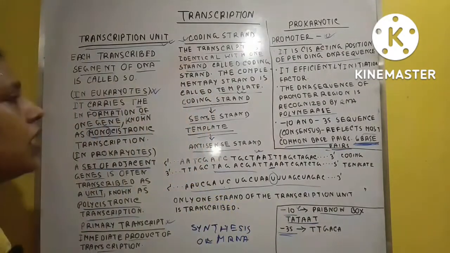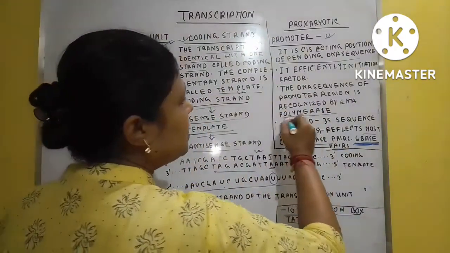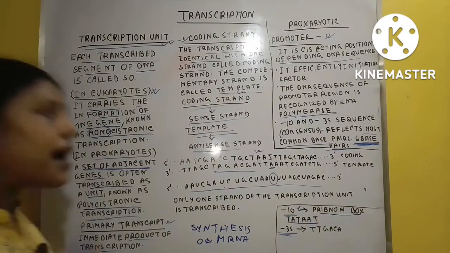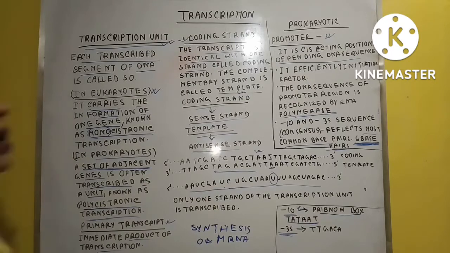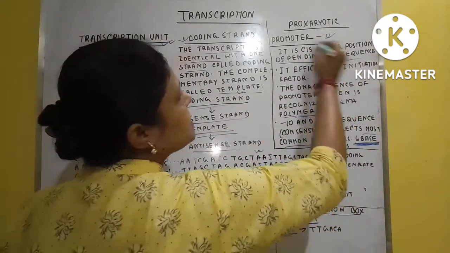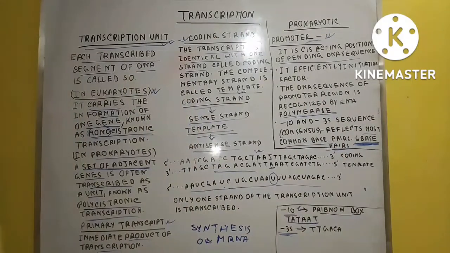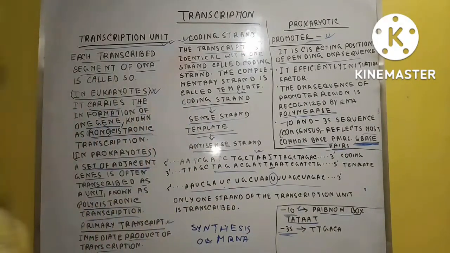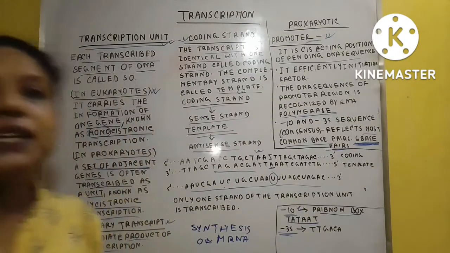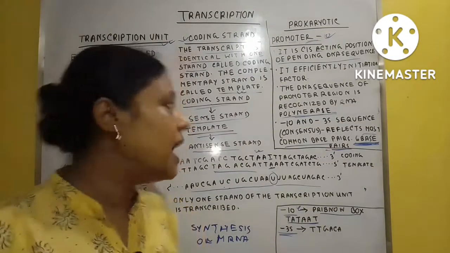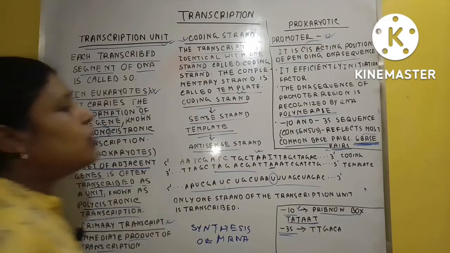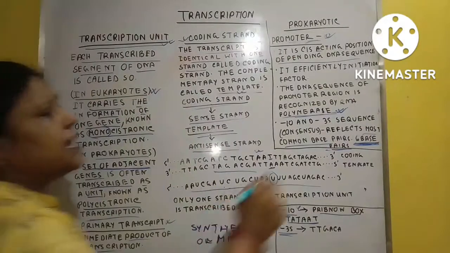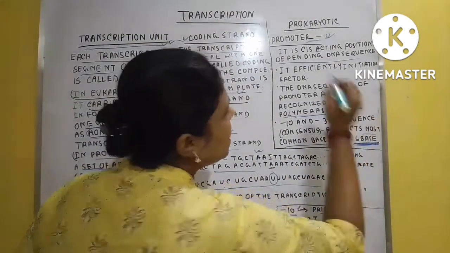So this is the RNA polymerase. What is the role of the RNA polymerase? This RNA polymerase actually recognizes the promoter region. Before going to the initiation of the transcription process, the actual promoter region is identified by the RNA polymerase.